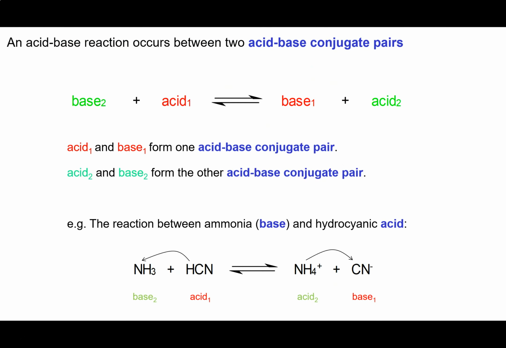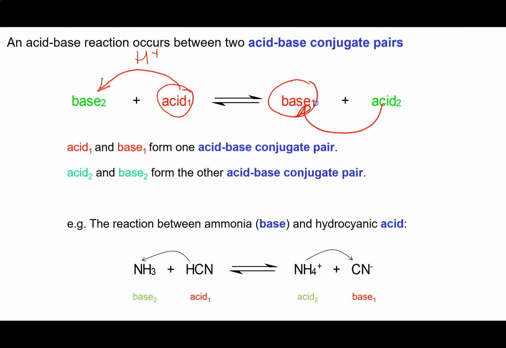So, in Bronsted-Lowry acid-base theory, an acid-base reaction occurs between 2 acid-base conjugate pairs. Acid 1 donates a proton to base 2. This forms acid 2 and base 1, and then acid 2 donates a proton to base 1 in the reverse reaction.